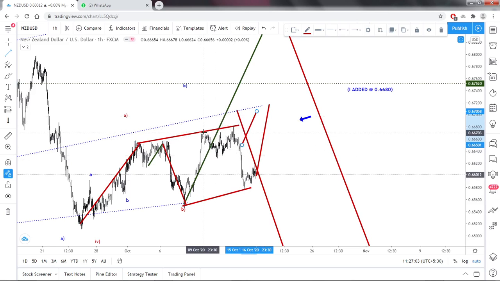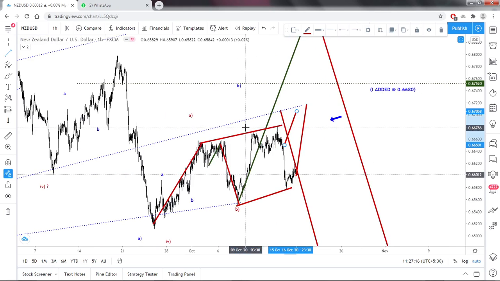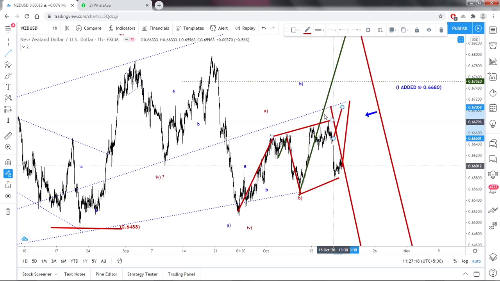So we don't want to force the chart while making this an impulsive wave view. We don't need to force the chart. What I'm trying to say is, it may have ended here also, but there is a chance for making one more. That is what I'm trying to explain here.